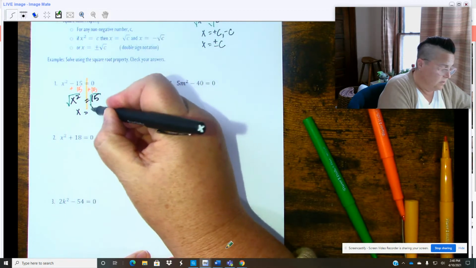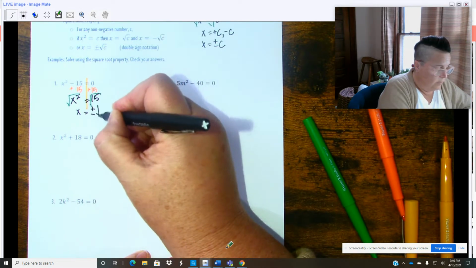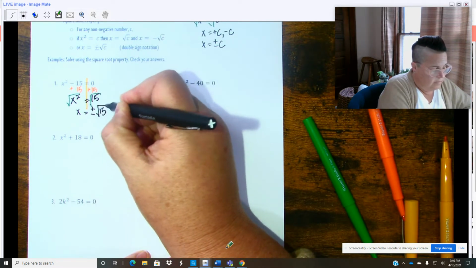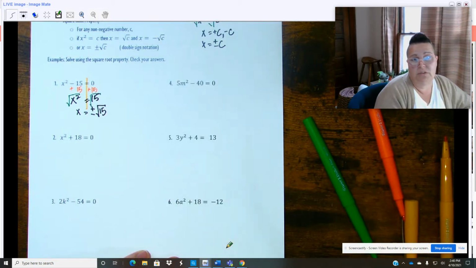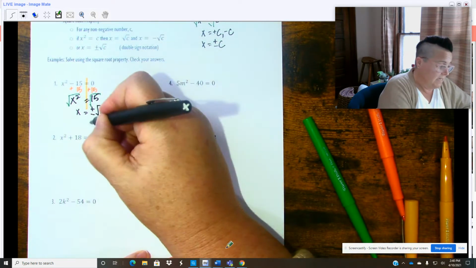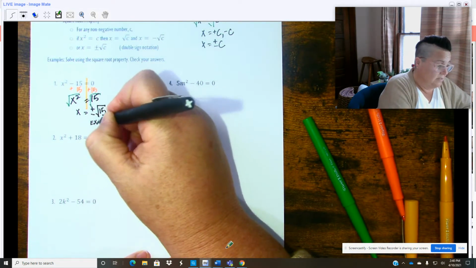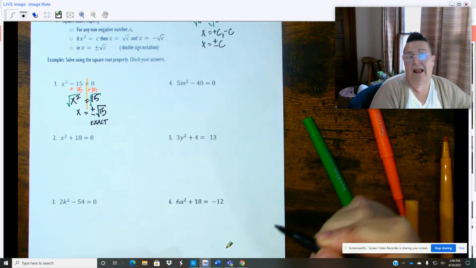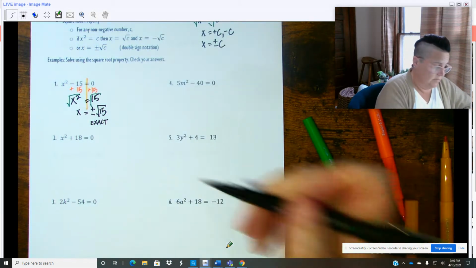So this is just going to be plus or minus the square root of 15. So there are technically 2 solutions. It could be the positive square root of 15, or it could be the negative square root of 15. This is known as the exact solution because I have not figured out any of the decimal places.